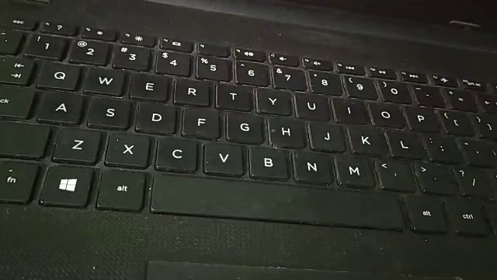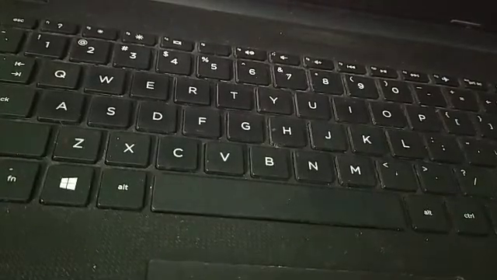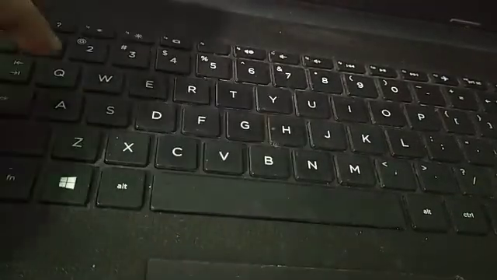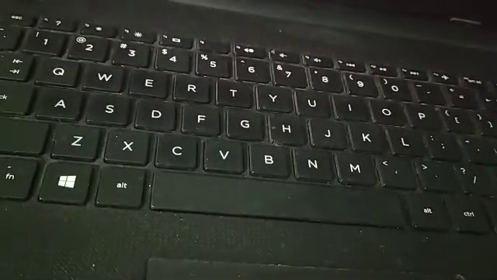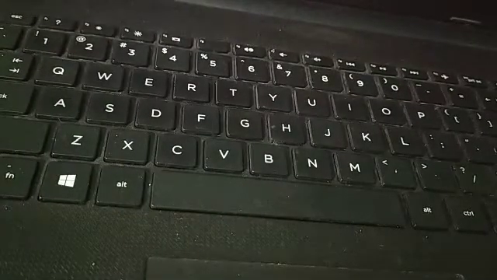You can see that they are not in ABCD order; they start from Q and end with M. So this is your keyboard.